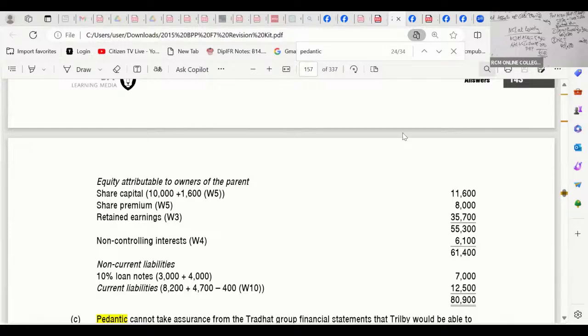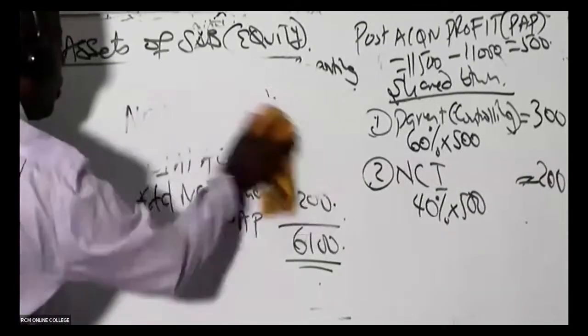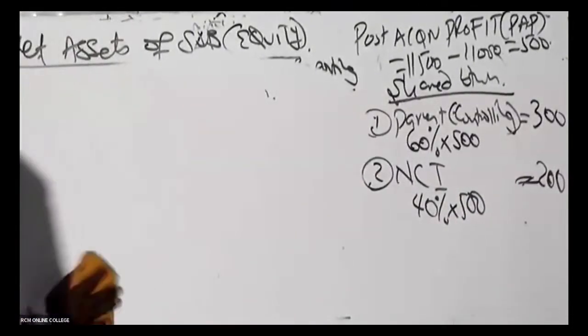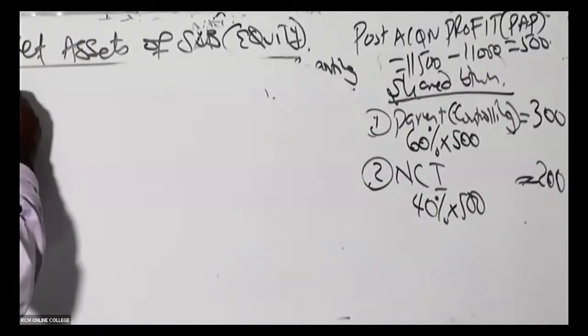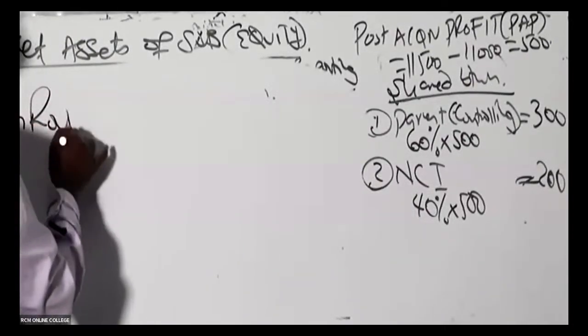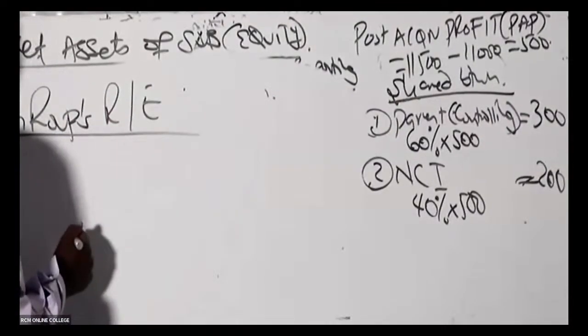And now we go to the last working, which is the working for retained earnings of the group. This one here, retained earnings of the group, the one that is coming to 35,700. Very easy. So for the group's retained earnings, what do we have here?